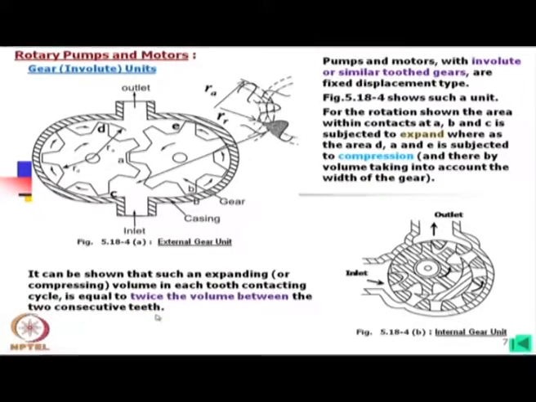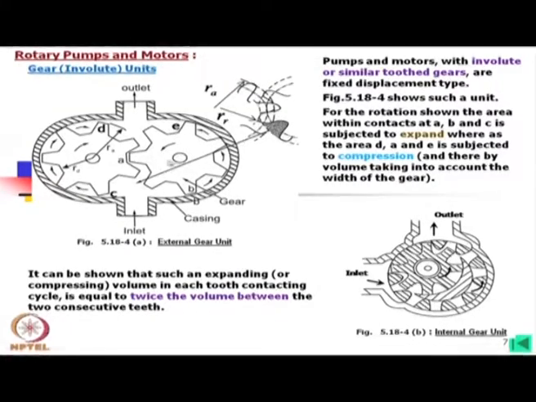Then it can be shown that such an expanding or compressing volume in each tooth contacting cycle is equal to twice the volume between two consecutive teeth.